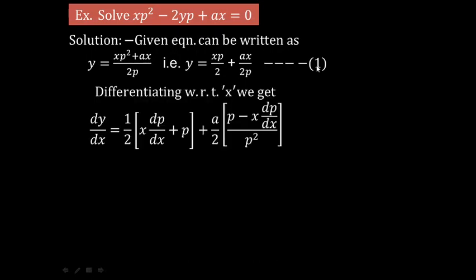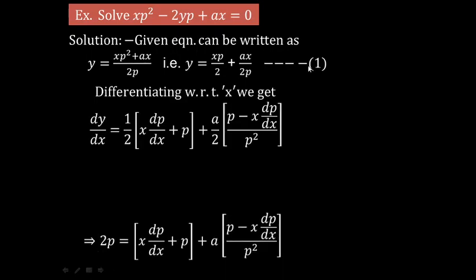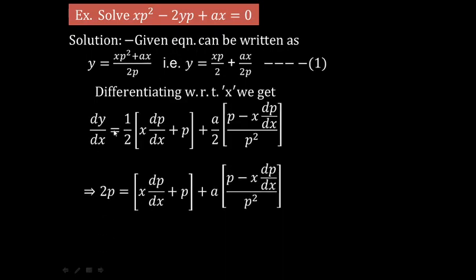Now differentiating with respect to x, we get dy by dx is equal to 1 by 2, which is constant. Here both x and p are differentiable, so applying the product rule: first function x as it is, derivative of p with respect to x, plus p as it is, derivative of x with respect to x is 1. Plus in the second term a by 2 is constant, whereas for x by p we will apply the quotient rule.